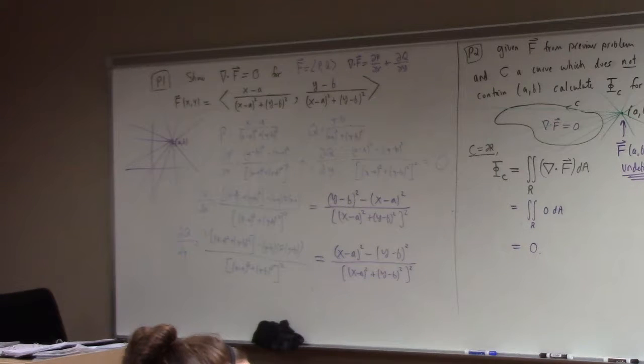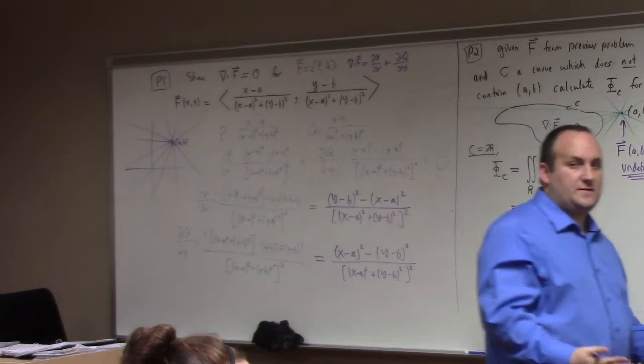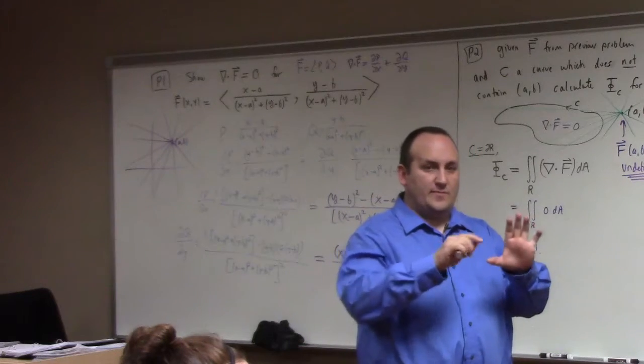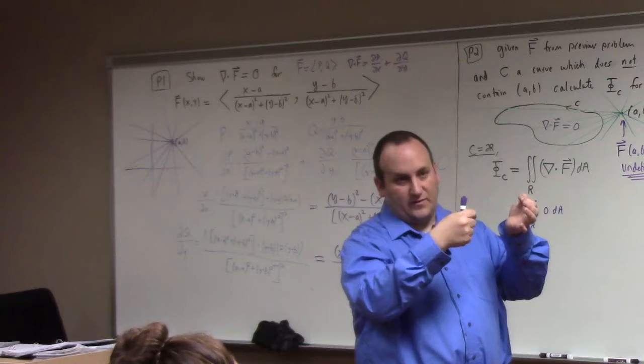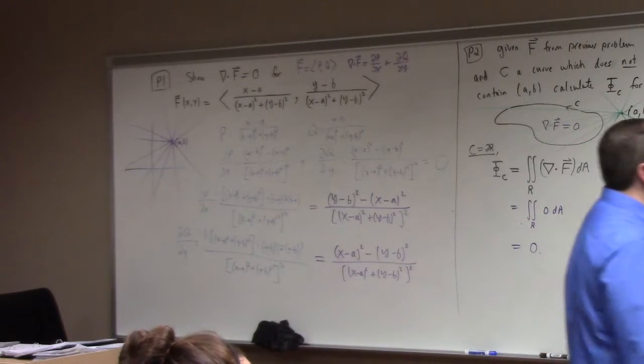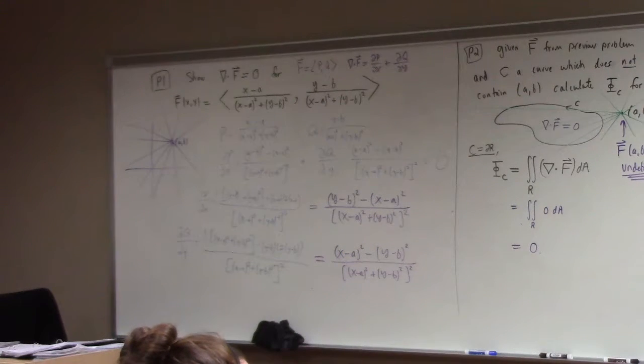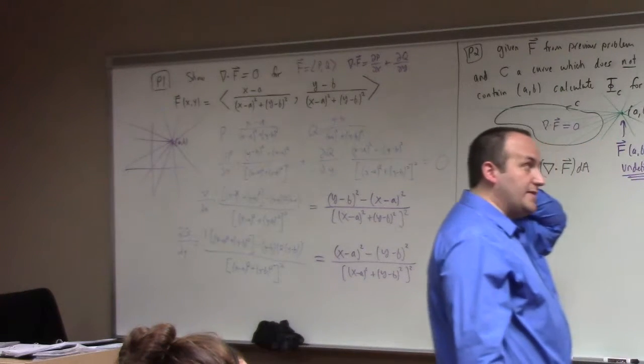The idea here is that if I have a region that includes the point (a, b), I can't use Green's theorem because the vector field's not defined there. So I've got to bubble around the place I don't understand and work on one side or the other of it. What I suggested Rip can do is to look at a little circle of, say, radius r, which contains the point (a, b) like that.